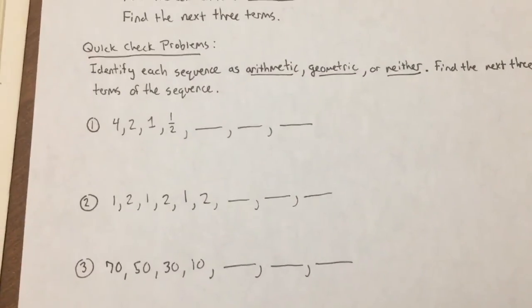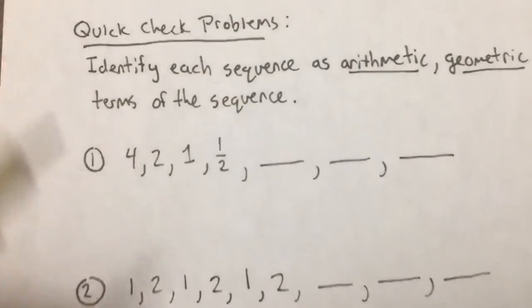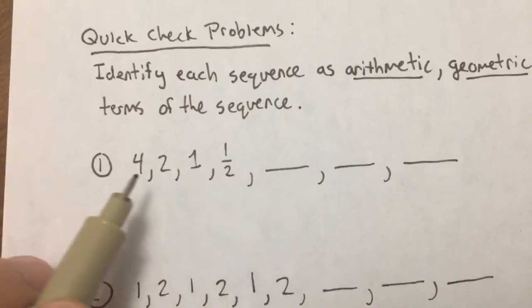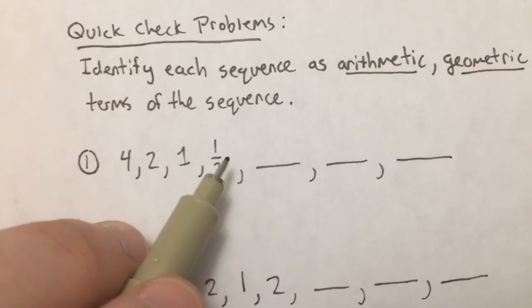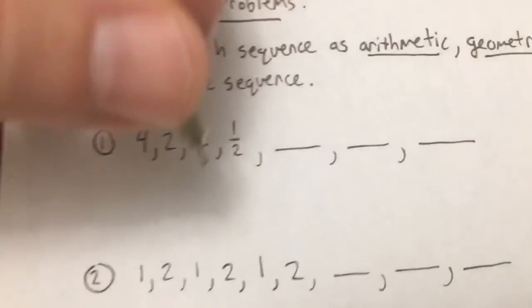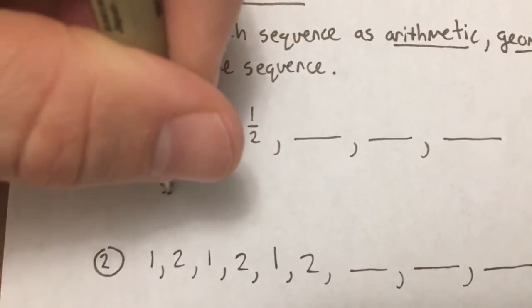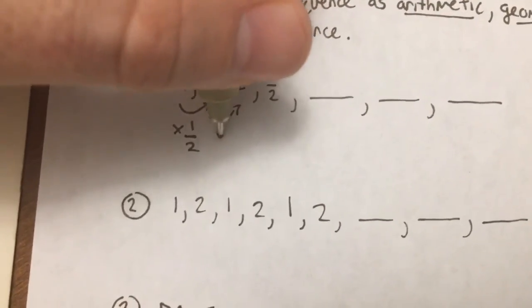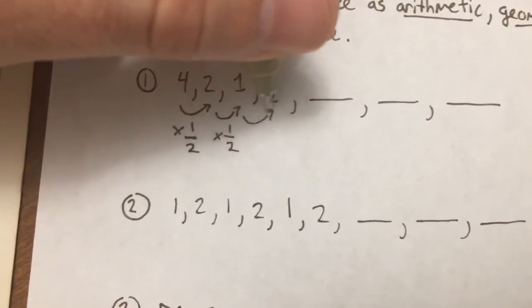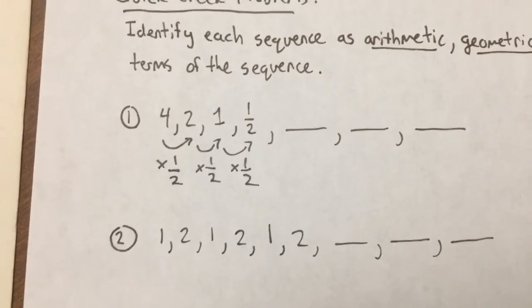All right, so let's look at number 1. If we study this carefully, it looks like this one, because of the pattern, would be geometric. The reason for that is because we're multiplying by a fixed number of 1/2 every single time. So we can go down the list here and see that that common ratio is consistent.